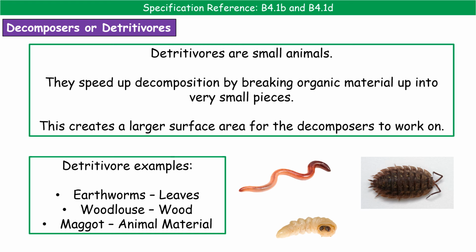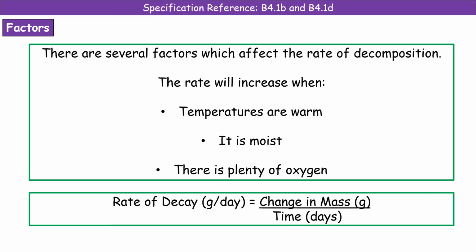The larger the surface area, the faster the rate of decomposition. Just little examples of our detritivores, things like earthworms, woodlice, maggots, all of them work in the same way. They feed on this organic material and break it up into smaller pieces that the decomposers can then work on.